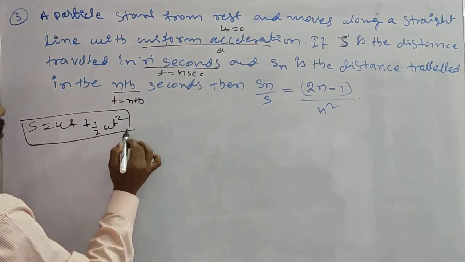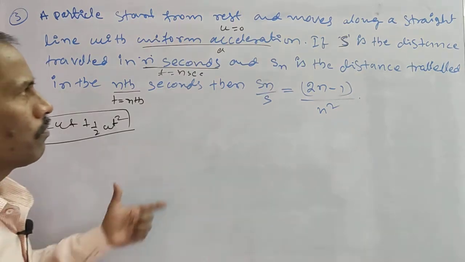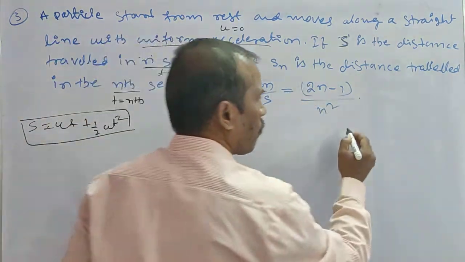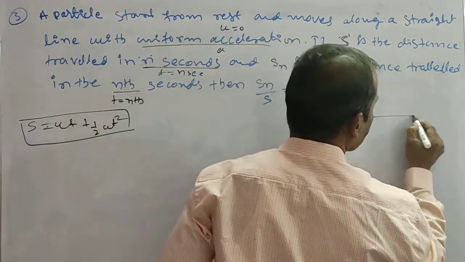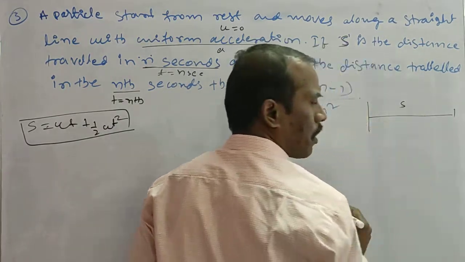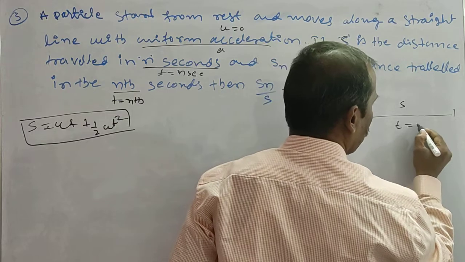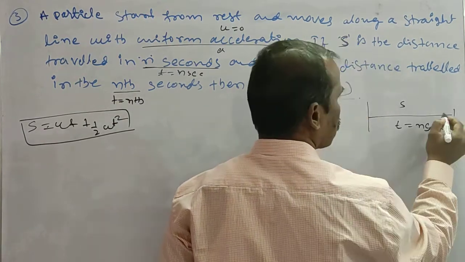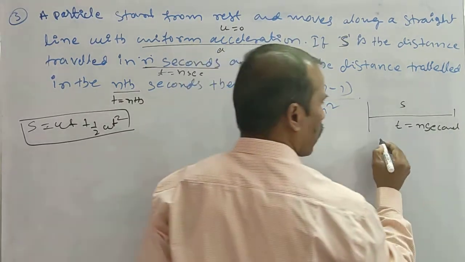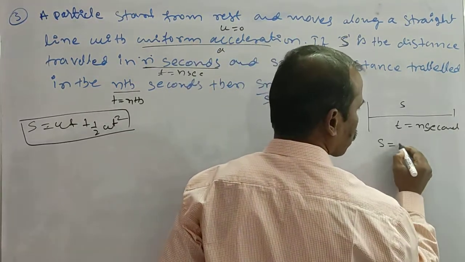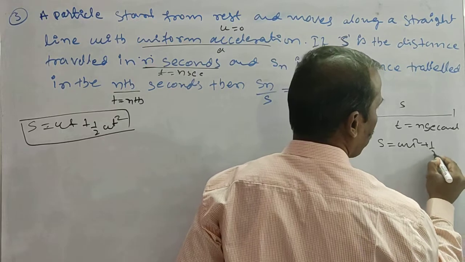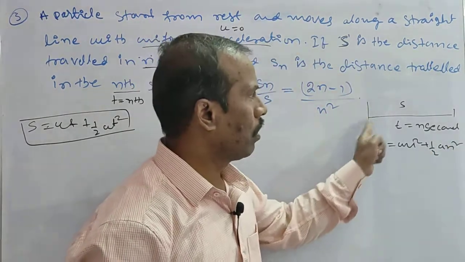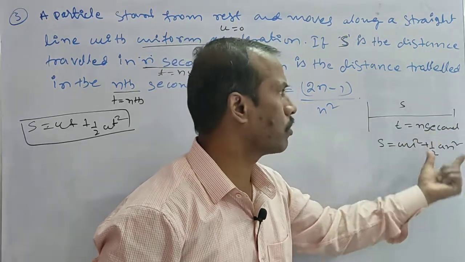Now the particle is moving along the straight line for n seconds, the first condition, this is the displacement. Here t is equal to n seconds. So s is equal to un plus 1 by 2 an square.